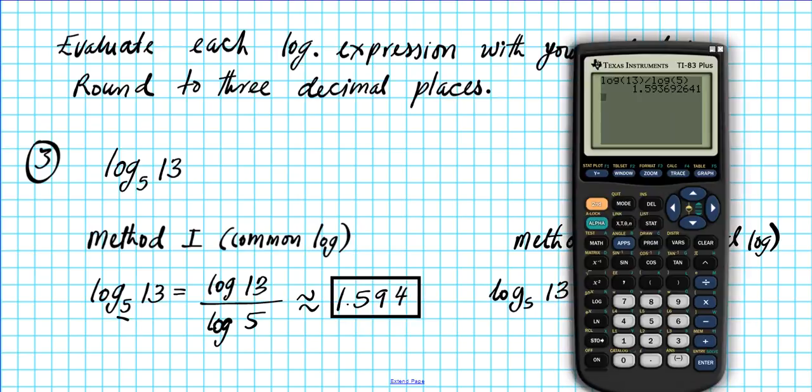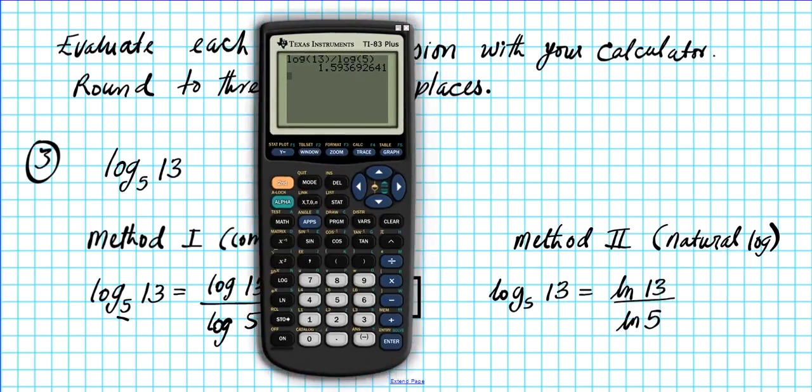As indicated earlier, most calculators have common log and natural log, as you can see here. So we just enter the result into our calculators. Natural logarithm of 13 divided by ln of 5. Now what do you expect to see? Well, let's check it out. Bam, exactly the same thing as you had before. So whichever method you like.